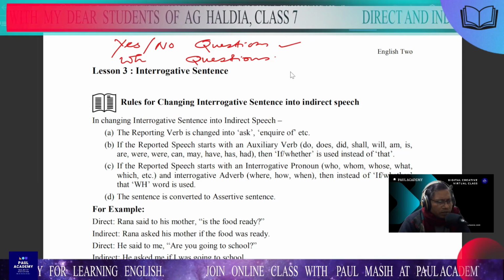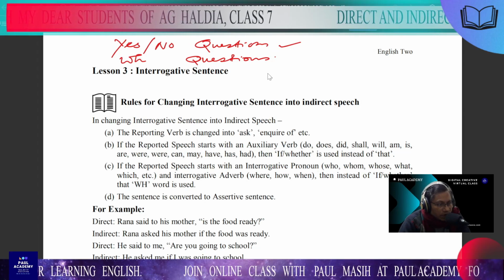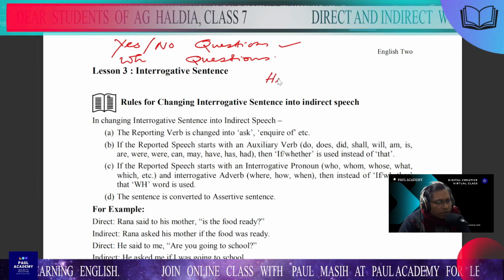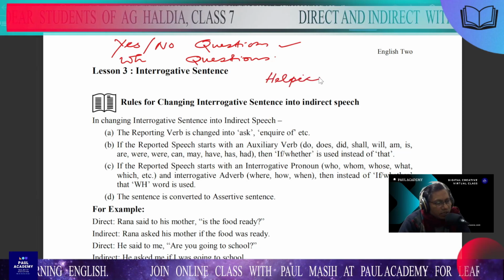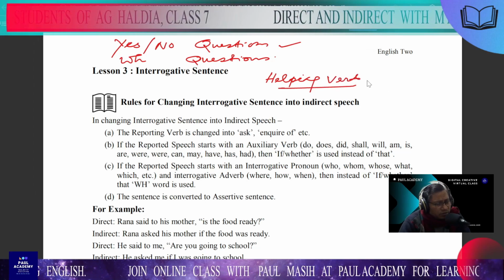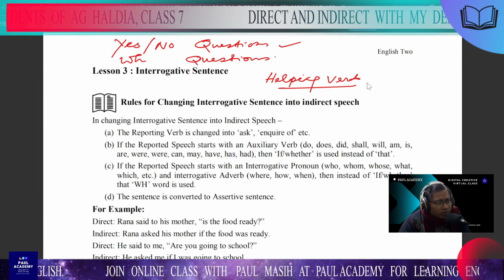So, when you are asking a question using a helping verb, right? Helping verb means auxiliary verb. There are 28 auxiliary verbs.